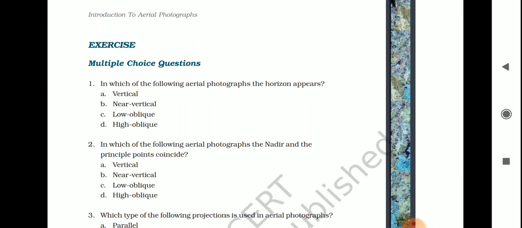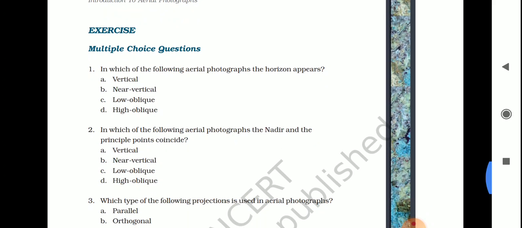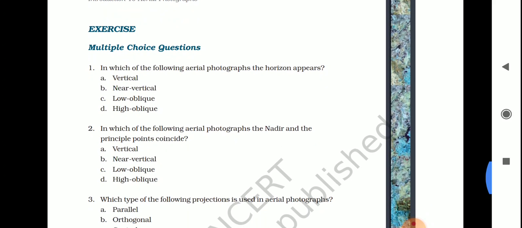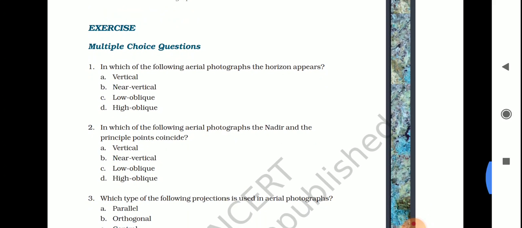Okay, let's discuss the NCERT questions. Students, if we talk about the multiple choice questions, the first question is: in which of the following aerial photographs does the horizon appear? Vertical, near vertical, low oblique, or high oblique.